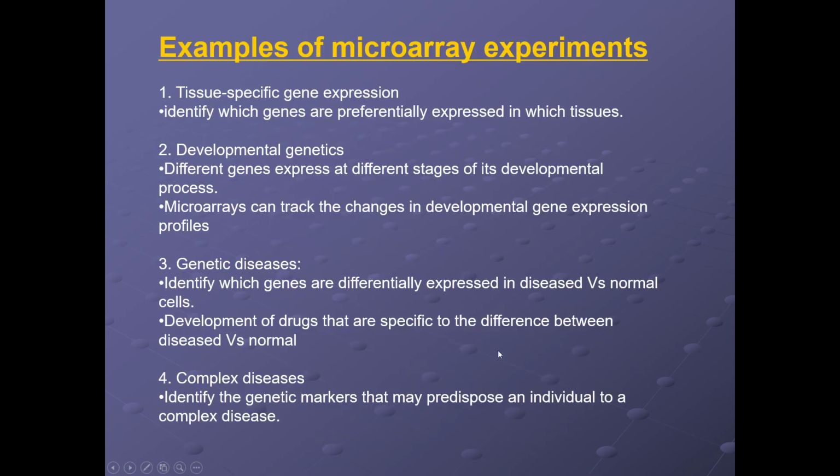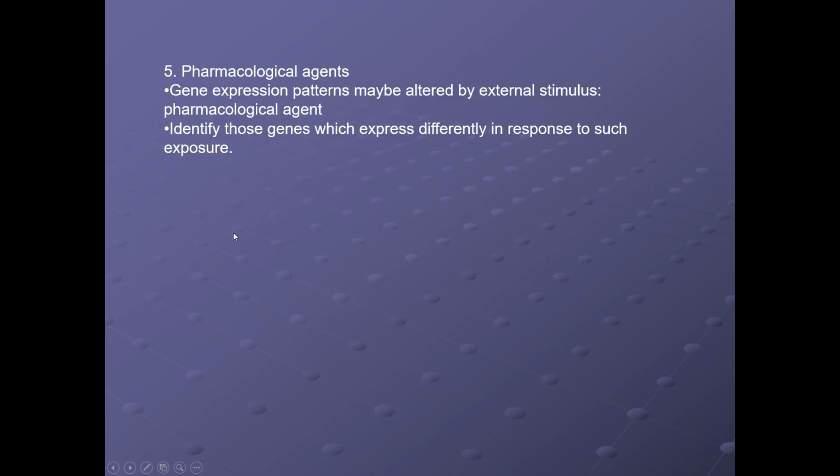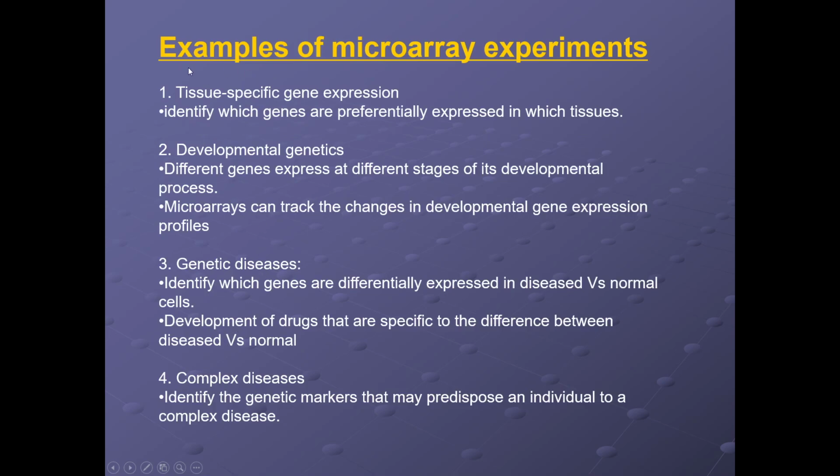As for major applications, I already mentioned that before. Make sure you know this list, I think, yes, 5 major points. And we talked about the tissue-specific gene expression. So depending on different types of tissue, you have different genes being expressed, and therefore different properties are being imparted in the tissue. Developmental genetics is huge when you determine which genes are getting switched on in early childhood and development of the fetus and so on, and that can allow you to replicate that pattern of development if you know exactly which genes are involved.